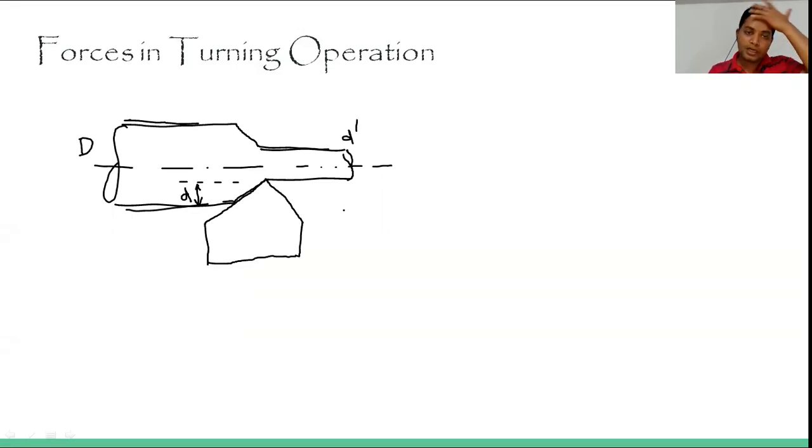Now there are three forces. First, as we are moving in this direction, this is the feed, which is provided to the tool. As the workpiece is rotating, we are providing the feed to the tool in this direction, calculated in mm per revolution.